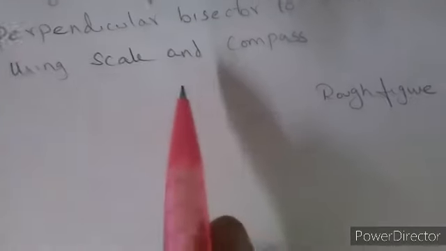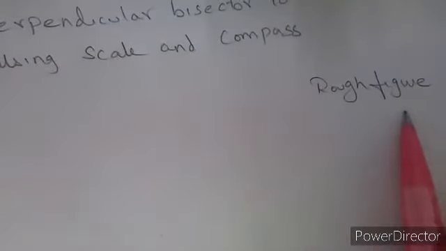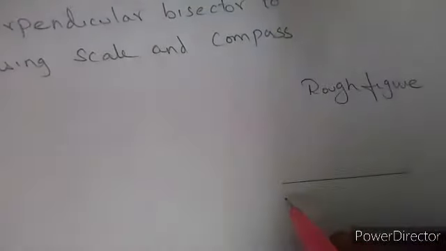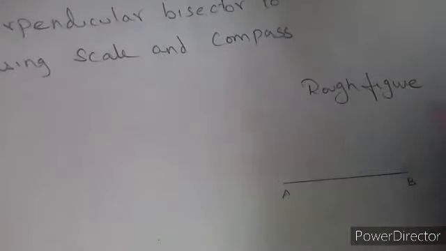So, step 1, draw a rough figure by using your scale. And name it as A, B, and cut arcs up and down.